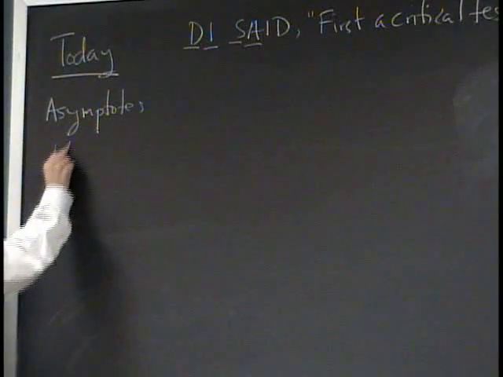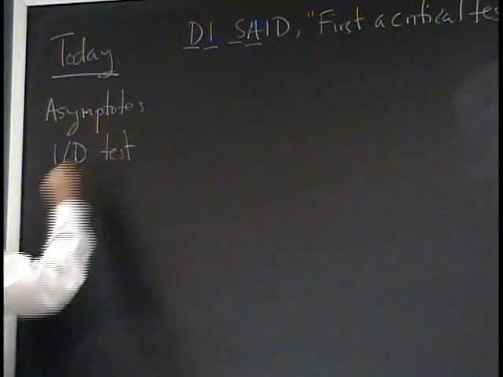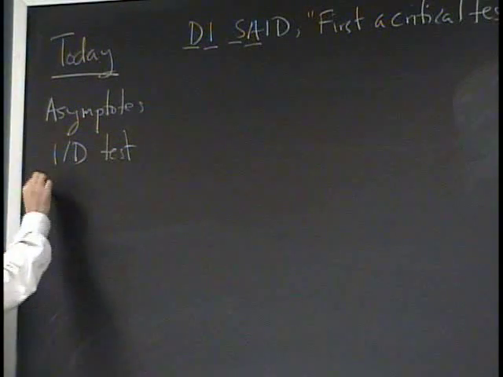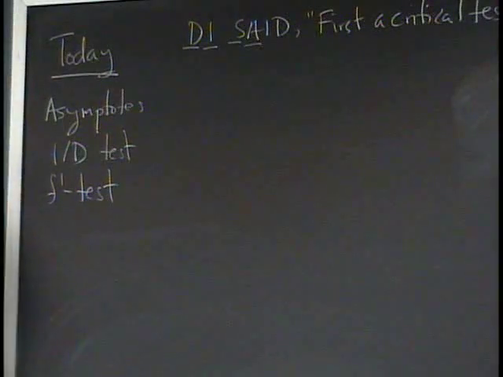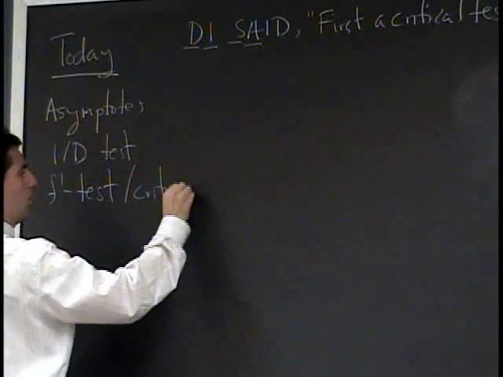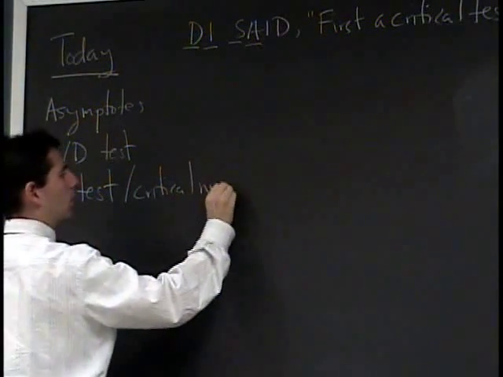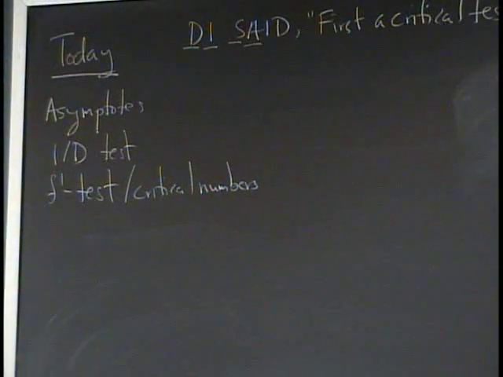And then we're going to do the increasing, decreasing test. And then perhaps, if we have time, the first derivative test, along with critical numbers. So we're just going to keep on building up more and more ways of collecting data.